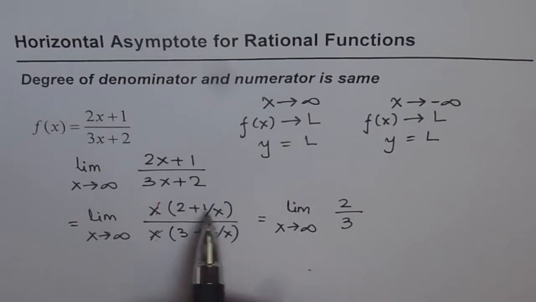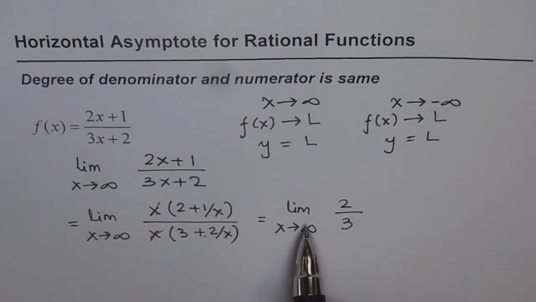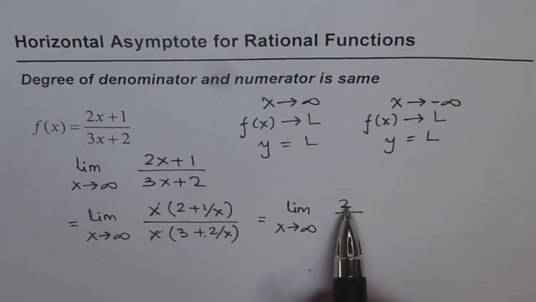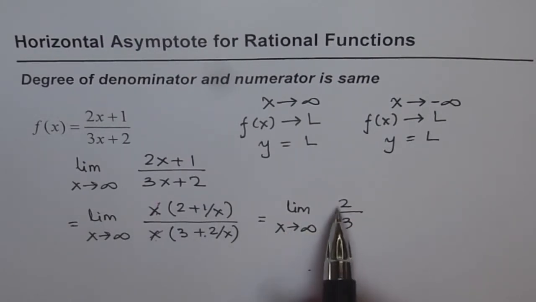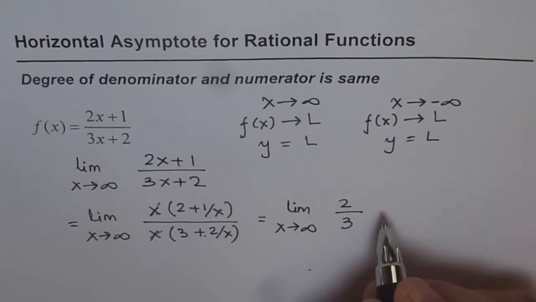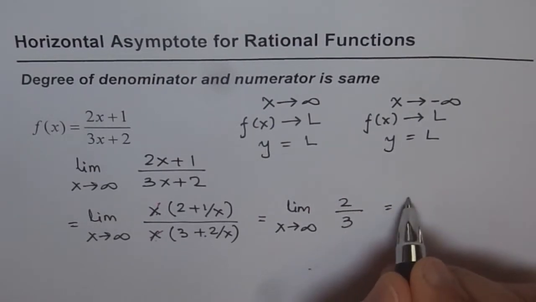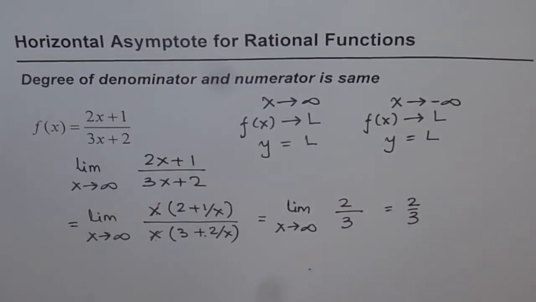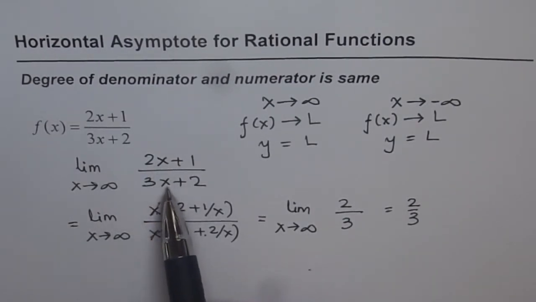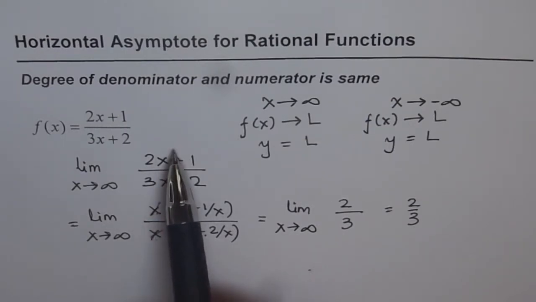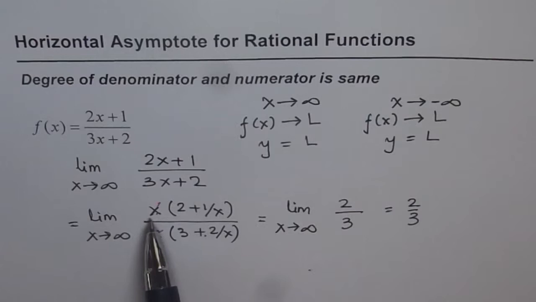And therefore we can write this as the limit of the function approaching 2 over 3. Now this is a constant. This constant will approach a value only, which is 2 over 3. So in this particular case, what you notice is that if the degrees of numerator and denominator are the same, then that power of x can be factored out.